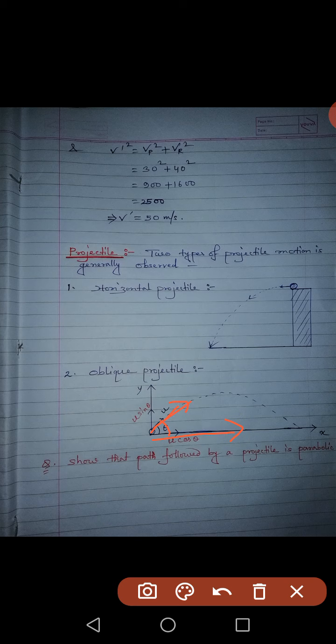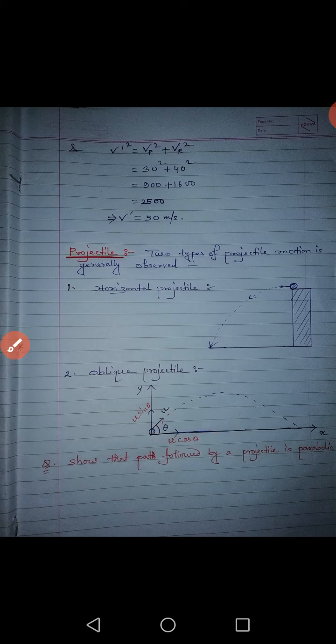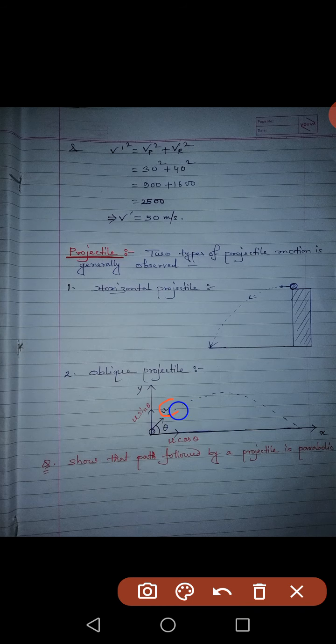If you want to resolve this actual velocity u into two components, just like resolution of a vector, since this angle is theta, this side the component of velocity will be u cos theta, and this side the component will be u sin theta. So in oblique projectile motion we generally discuss these two velocities, u cos theta and u sin theta.